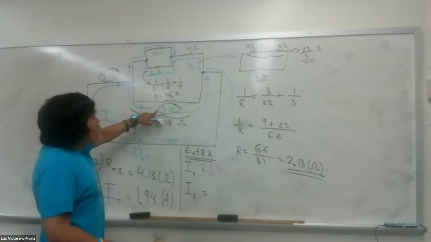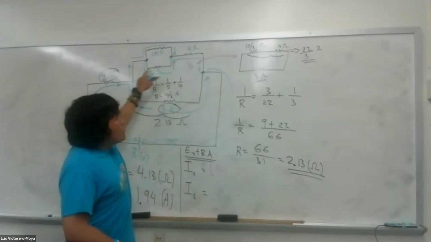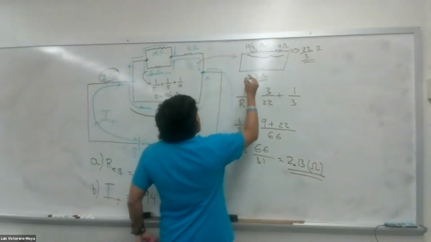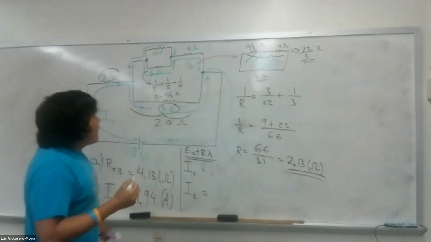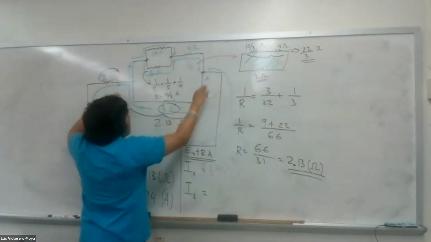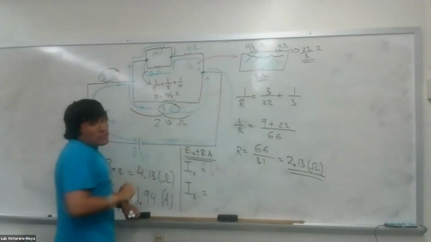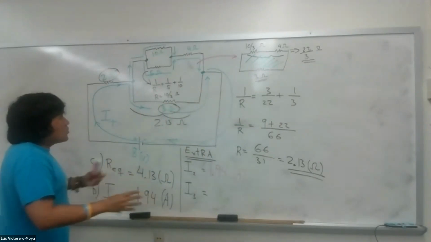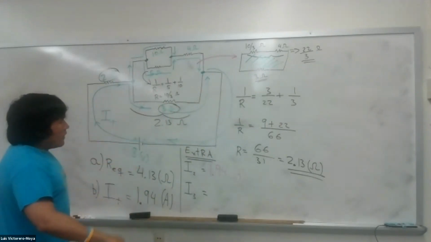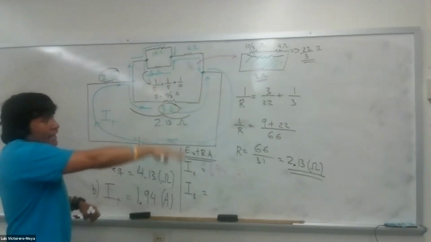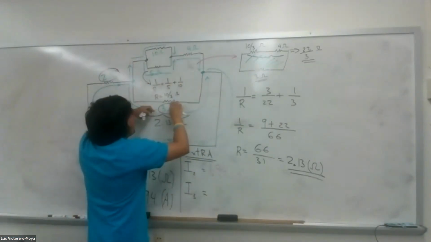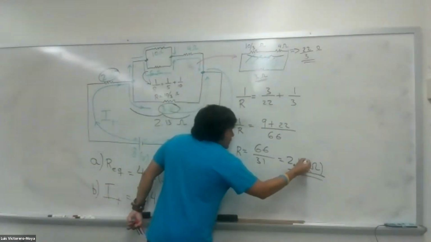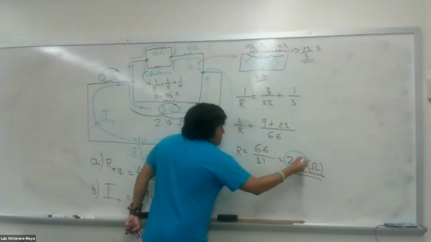To find the current on 3, because you're inside this loop, you want to find the voltage here. There are 2 ways you can do that. Let's suppose you did it like I did here. You know that the resistance of this loop is 2.13.